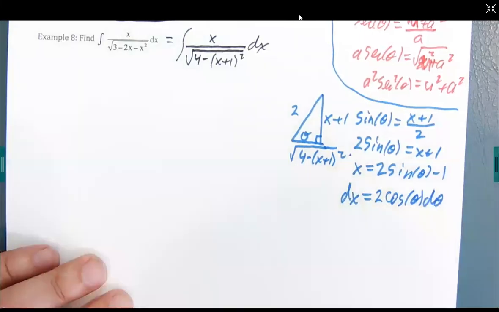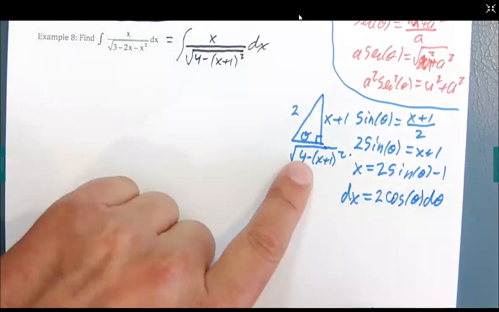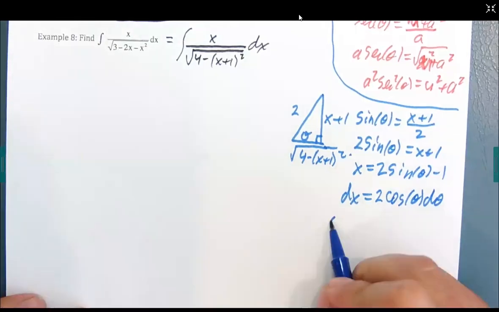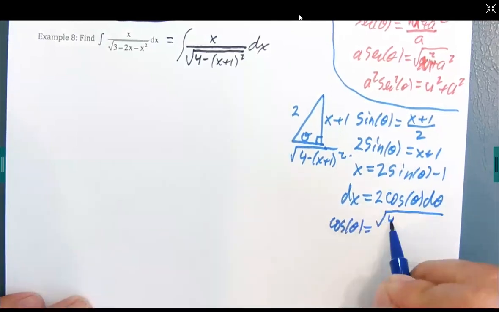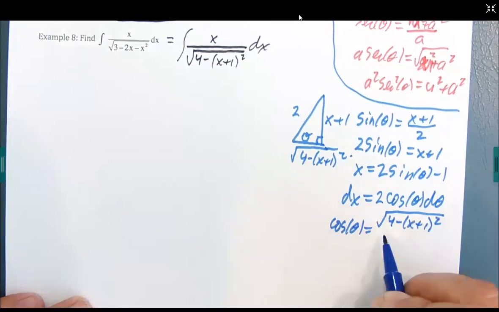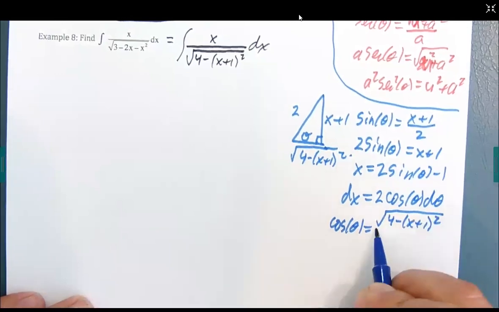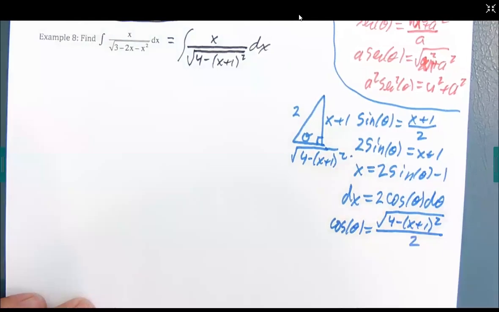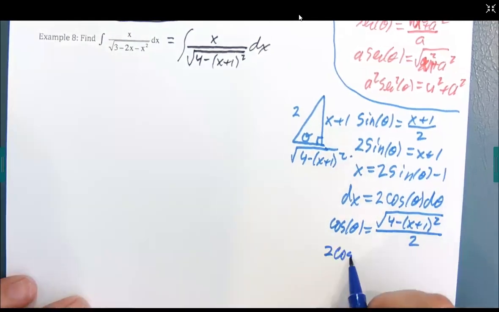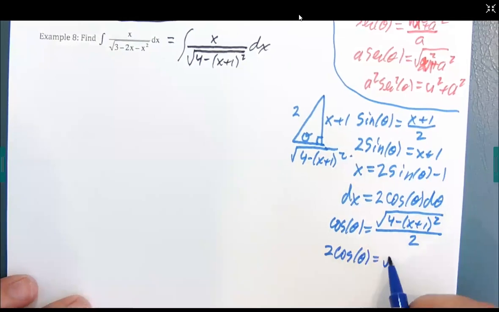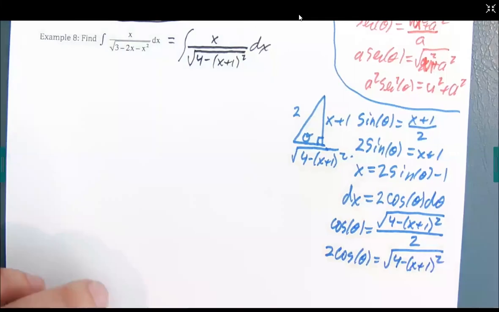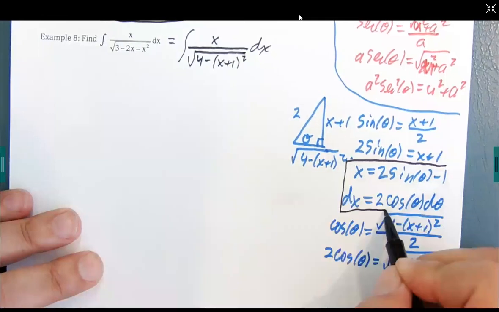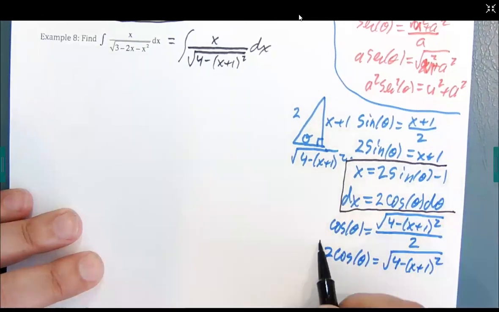And now I need to compare the adjacent to the hypotenuse. So cosine of theta is the square root of 4 minus x plus 1 squared over 2, which means 2 cosine theta is the square root of 4 minus x plus 1 squared. So here are my main pieces. This is for the numerator. This is for the denominator.